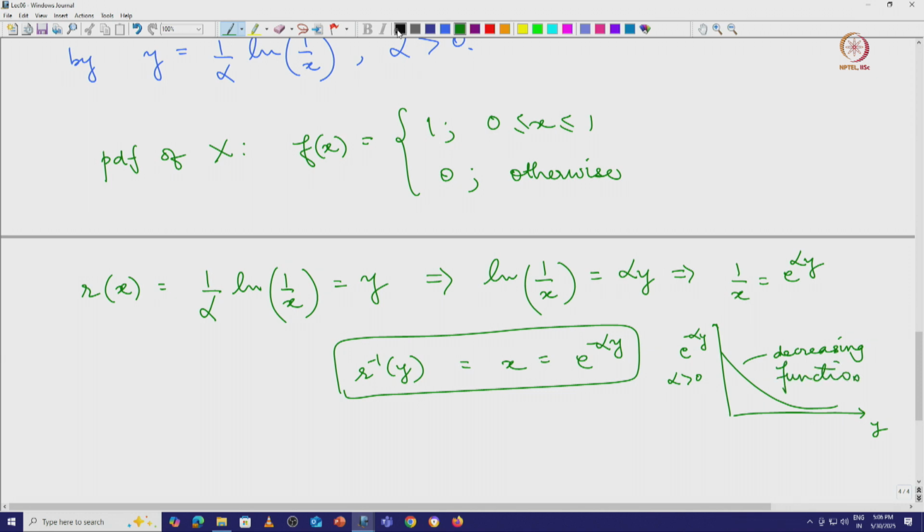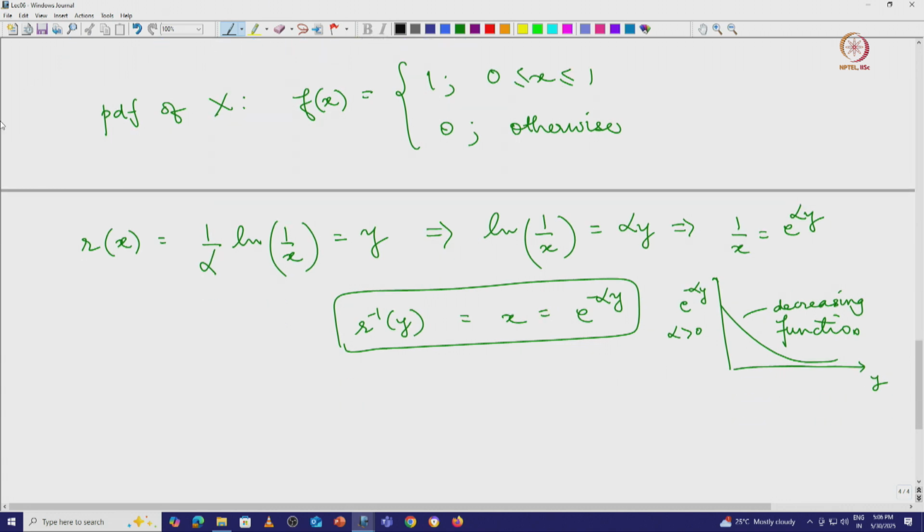And if you remember what we recently discussed, there is a slightly different prescription which we need to use for when the inverse transformation is a decreasing function. So if you recall, what we need to do to find the PDF of the random variable y, that is small g as a function of small y, is we need to take minus f of r inverse y, and that has to be multiplied by d dy of r inverse y.